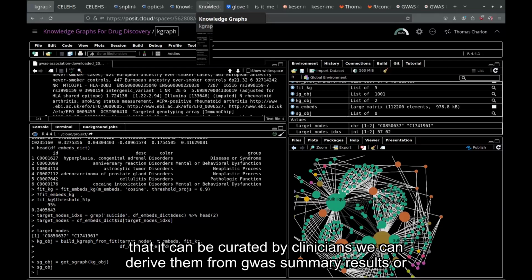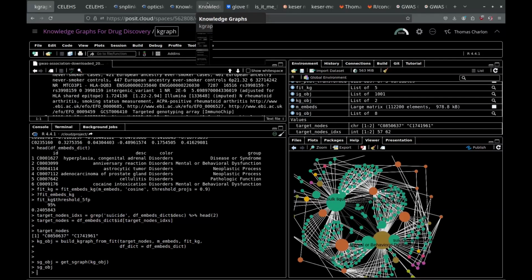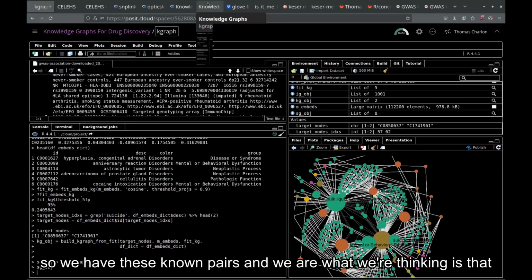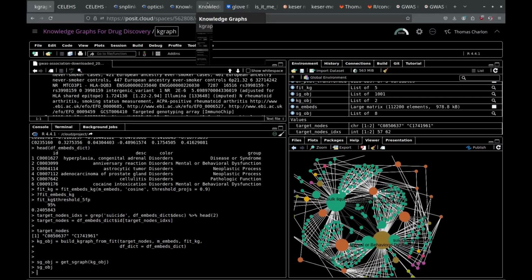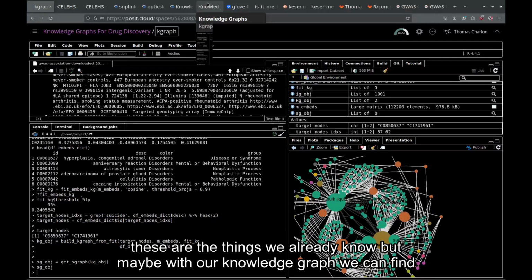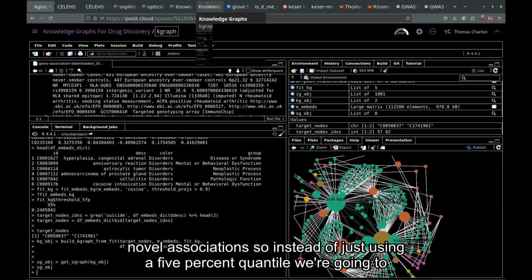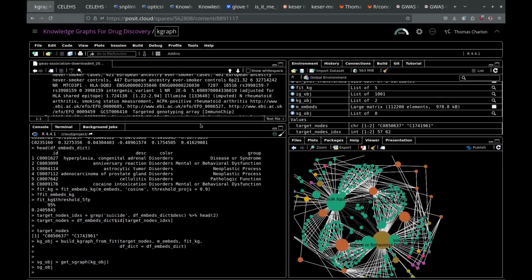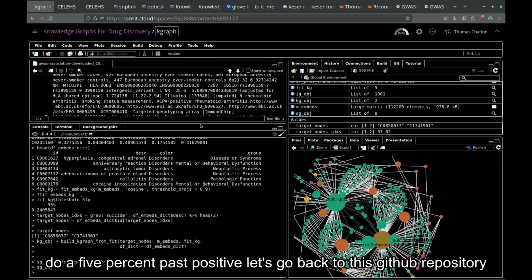We can derive them from GWAS summary results. So we have these known pairs, and what we're thinking is that these are the things we already know, but maybe with our knowledge graph we can find novel associations. So instead of just using a 5% quantile, we're going to use a 5% false positive.